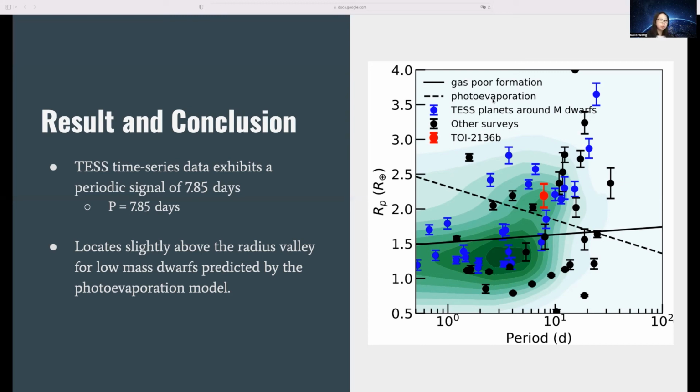So we can't reach a conclusion on which is the dominant mechanism, especially in the low mass region. We're just hoping that the discovery of this planet system would help to populate the small sample population of small planets orbiting low mass stars, and hopefully the answer would be revealed soon with more and more samples being discovered.